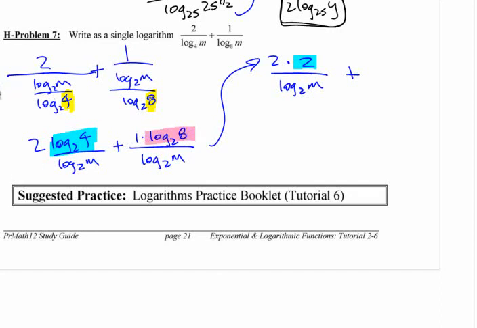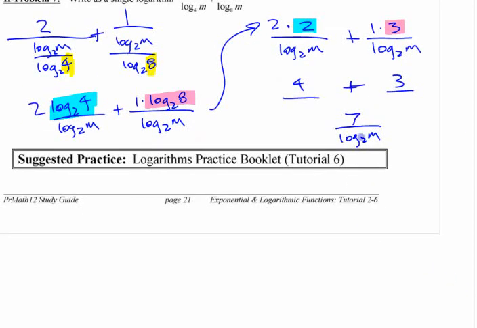Log base 2 of 8, 3, and then on the bottom here, log base 2 of m. If you add all that together, you get 4 plus 3, because now it's the same denominator. So you're going to have 4 plus 3 over each of those things, so you're going to have 7 over log base 2 of m.